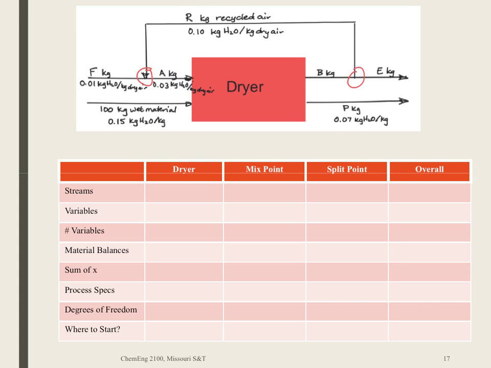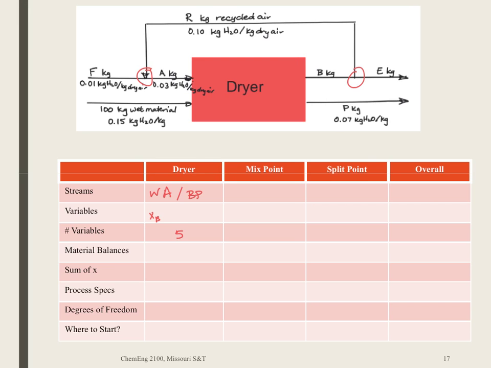For the dryer itself, the streams that are coming in are the fresh feed, I'm going to label that W for wet material, and stream A, and leaving are streams B and P. In that case, the variables I have for those, and you may need to go back and refer to the other table, but I have the flow rates of A, B, and P, and I have the composition of stream B. So I have 5 variables.